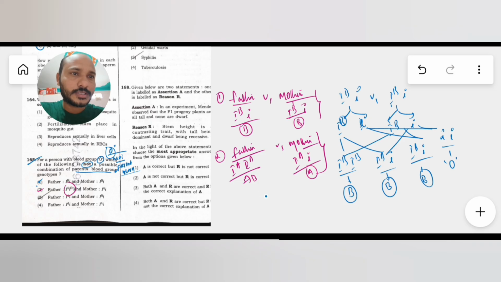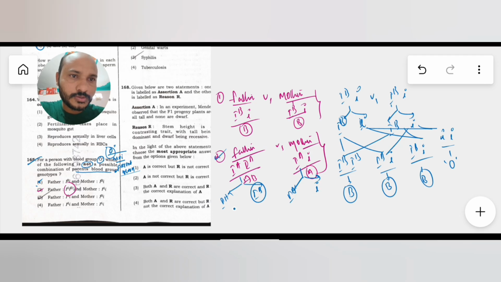Okay, then the second one. IAIB means definitely AB blood group and the other parent IAi is heterozygous, so we separate the gametes: IA, IB and IA, i.